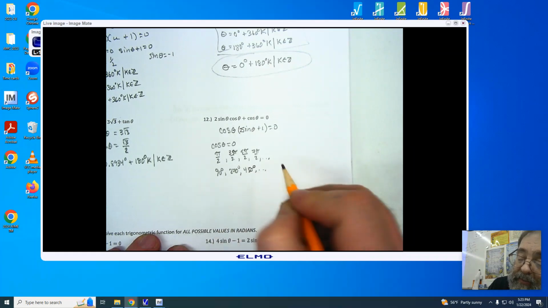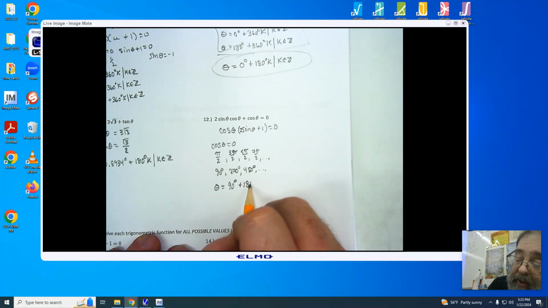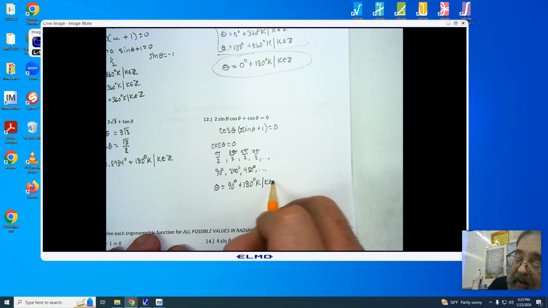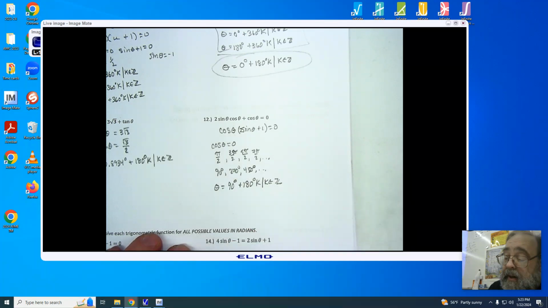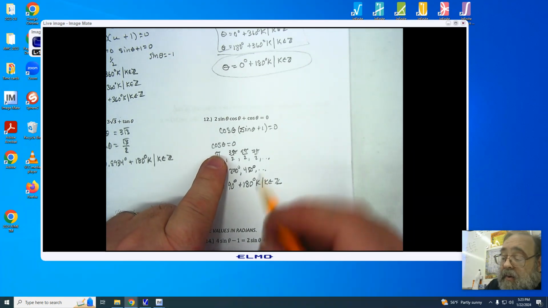And this continues. So what I want to do is have theta equal to 90 degrees plus 180 degrees times k, where k is an element of the integer set. And this will find all of them for this first cosine of theta equals 0.